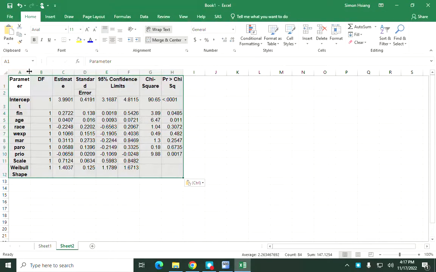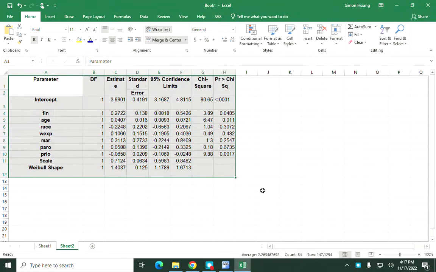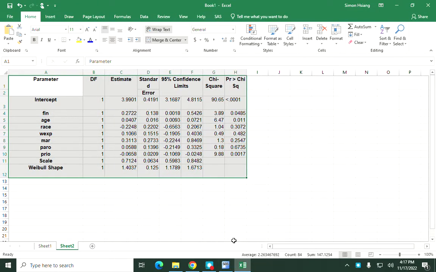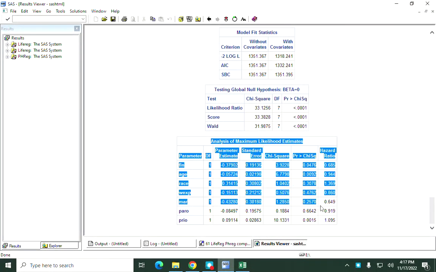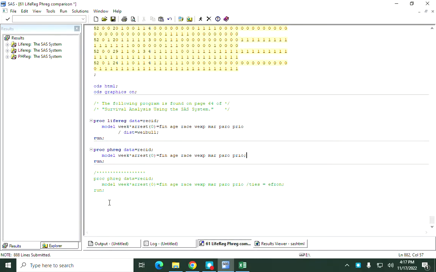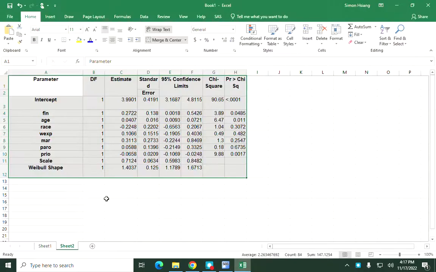here are all the live regression parameters, and here are all the PHREG parameters.